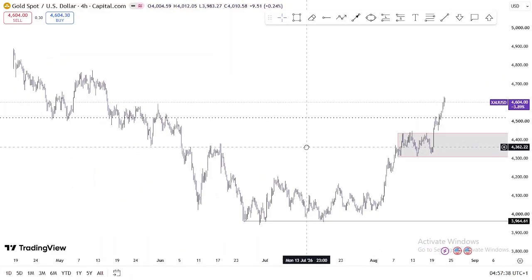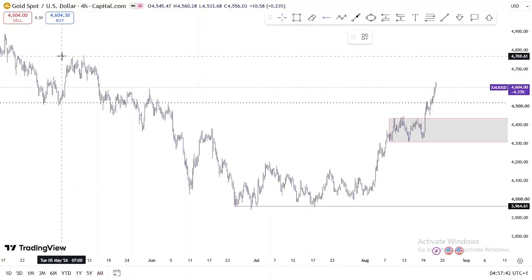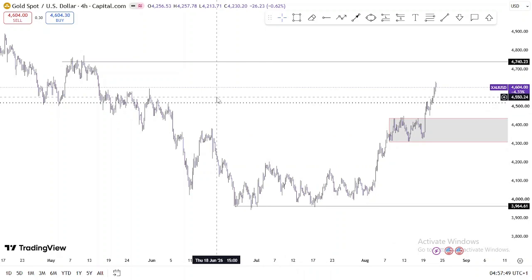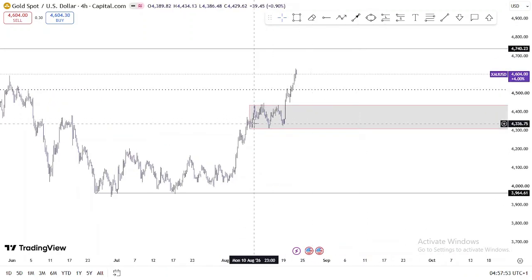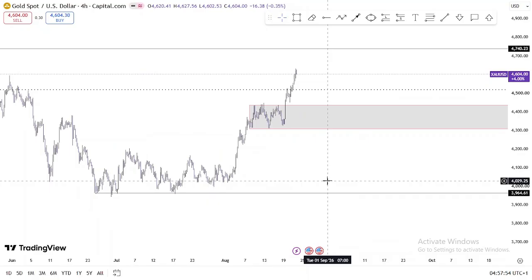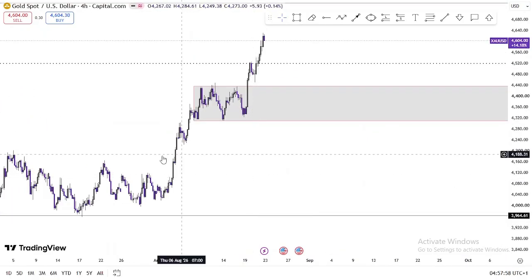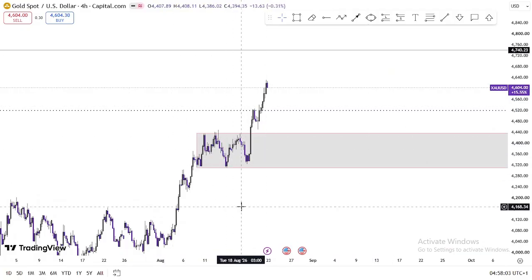I am going to mark out the next significant area that price could go back to. So here, because this area here has been broken too, and then zoom in to more recent price action. So here, and then look for levels within this more recent price action.